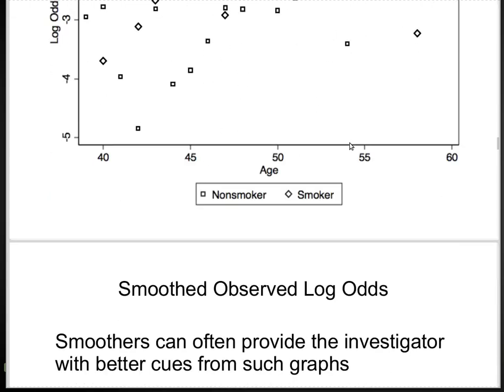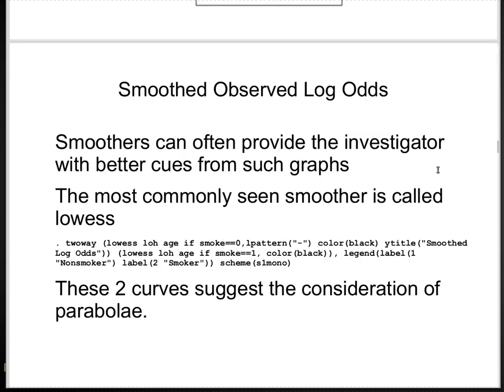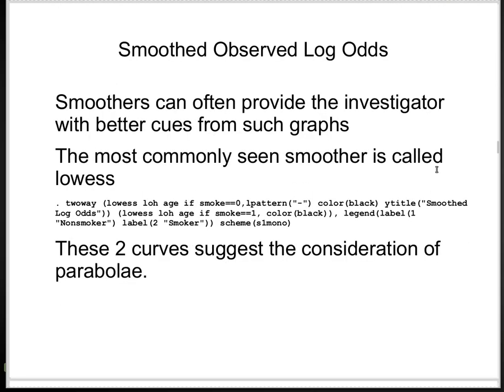Well, the most widely seen in this type of work is using what are called smoothers. The most well-known smoother, arguably, to my knowledge at least, is something called LOWESS. How it's computed, we're going to leave all that aside for the moment.